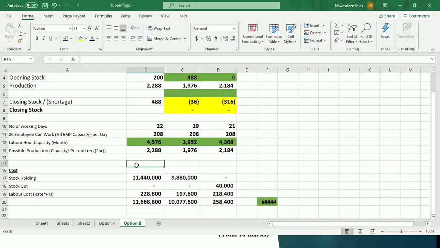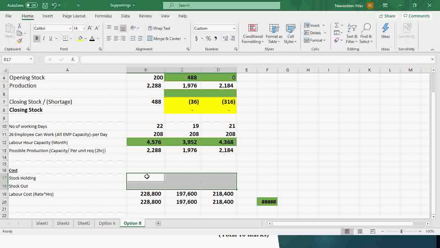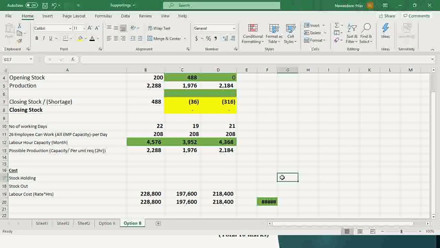Right. Now in this case, stock holding cost. How are we going to compute our stock holding cost?